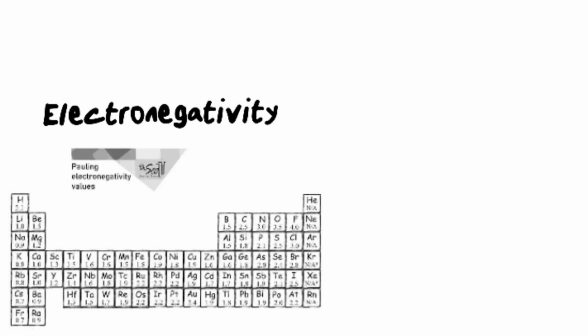Now that we know electronegativity is the tendency of one particular element in the compound to pull the bonding pair of electrons, we are going to calculate the electronegativity difference. The word difference comes from mathematics, meaning subtract.